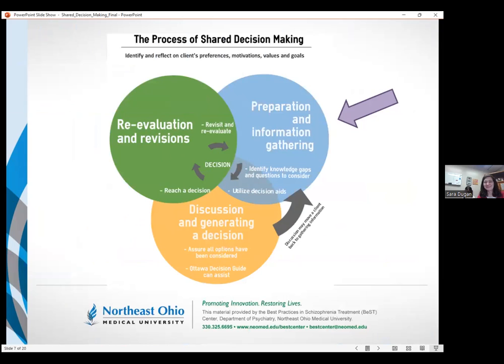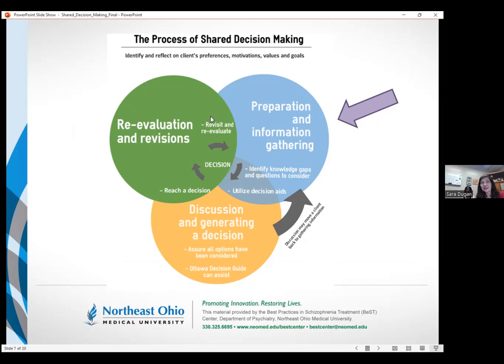This is not my graphic. It's one that I borrowed from the shared decision-making literature, but I thought it was a helpful depiction. So our three steps are in the three circles. So preparation and information gathering, that's where we're about to start with the purple arrow. Discussion and generating a decision, and then reevaluation.